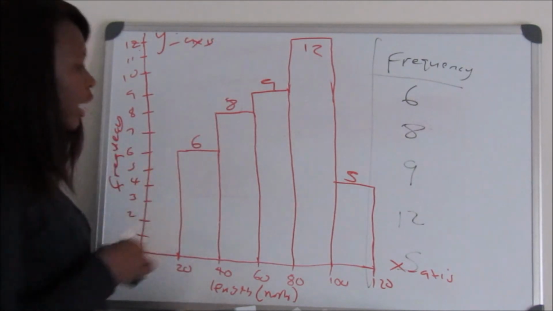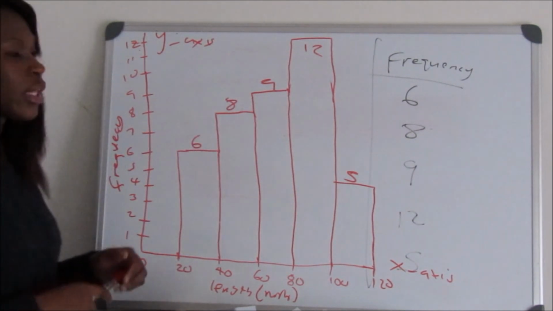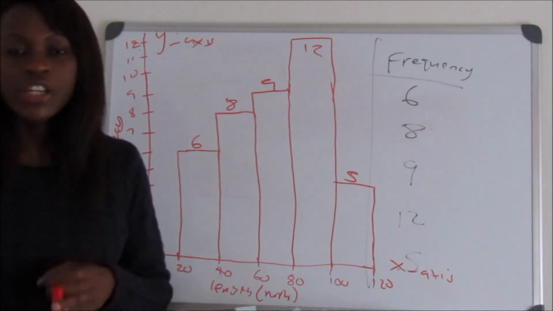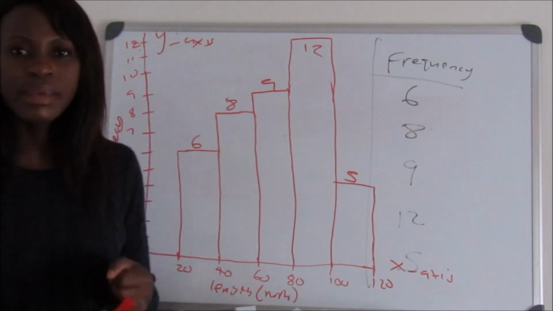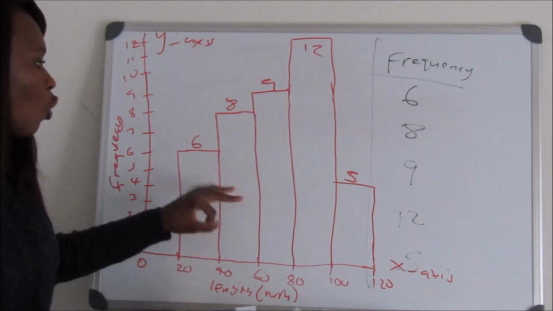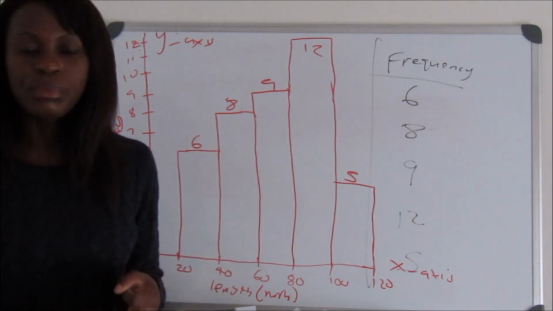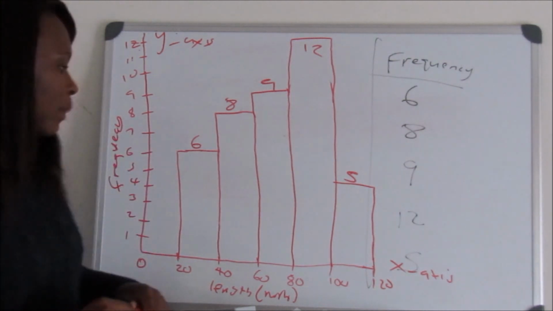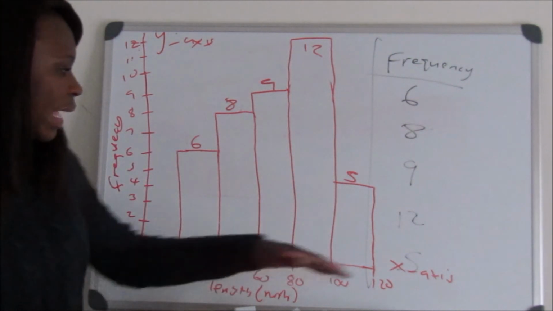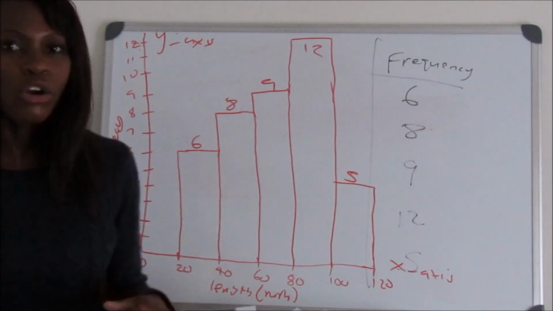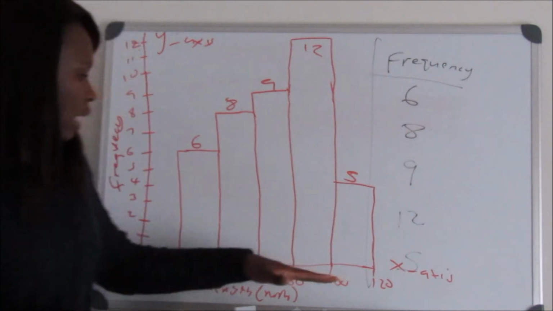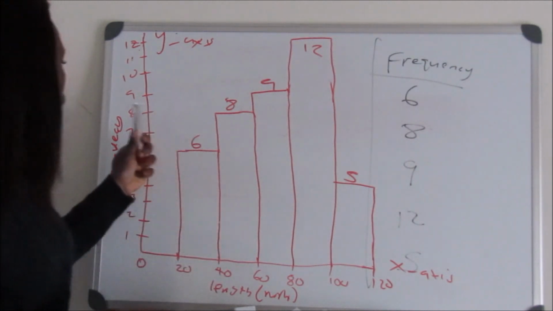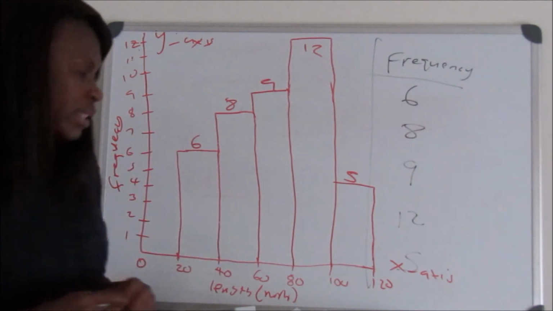Alright, just a quick recap with histograms. A histogram represents grouped data, and there should not be gaps between the bars. Another thing, the width of the bars must be the same size. Then when you are drawing a graph, remember to always name your x-axis and y-axis and label them. Our x-axis here was the length in millimeters, and our y-axis was the frequency.